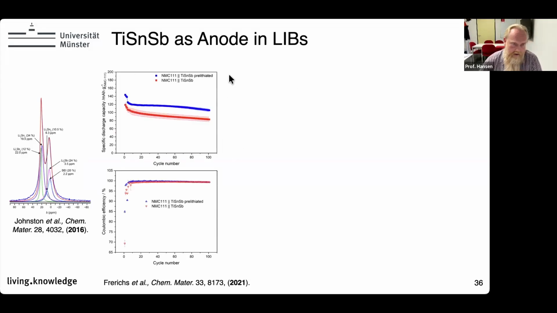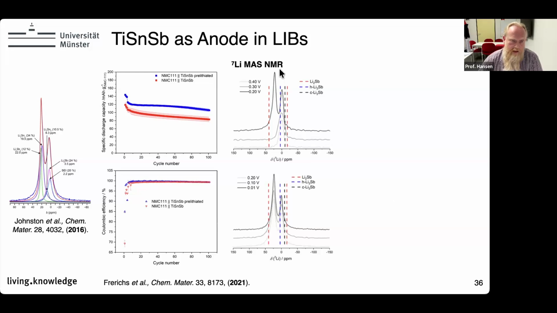Here we also combine it with pre-lithiation, and they perform better. They have a higher specific charge and a fairly comparable Coulombic efficiency. We recorded different states of charge, at 0.2, 0.3, and 0.4 volts, and we can record lithium spectra comparable to what was also published.